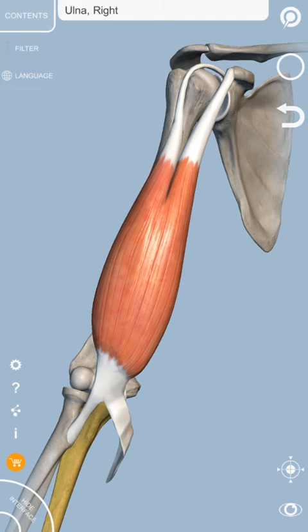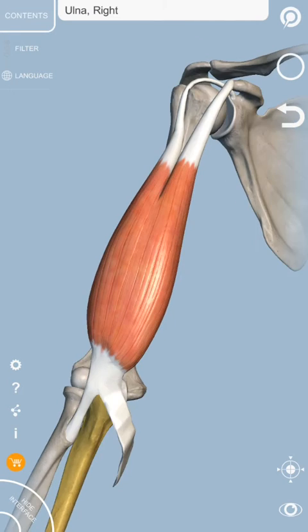On the shoulder joint, it causes flexion of the arm. On the elbow joint, it produces flexion of the forearm, and on the superior radio-ulnar joint, it produces supination when the forearm is flexed.